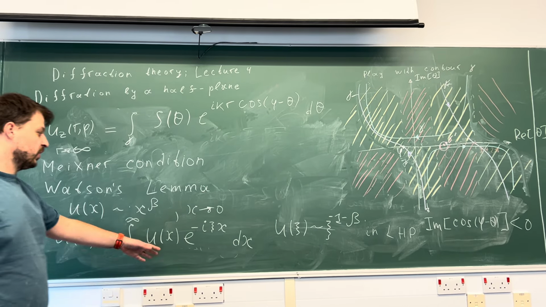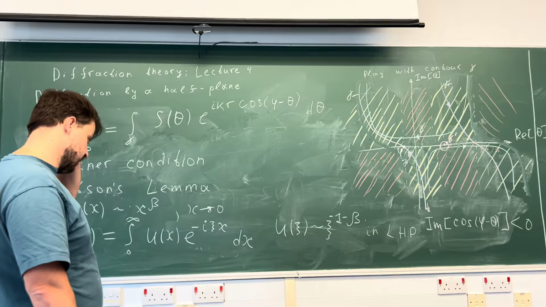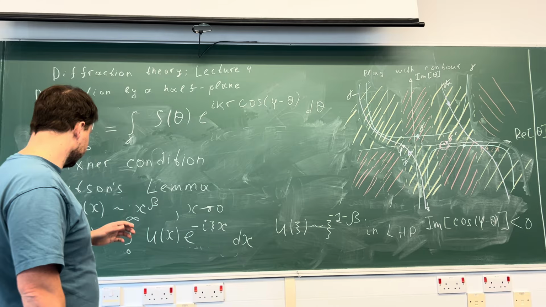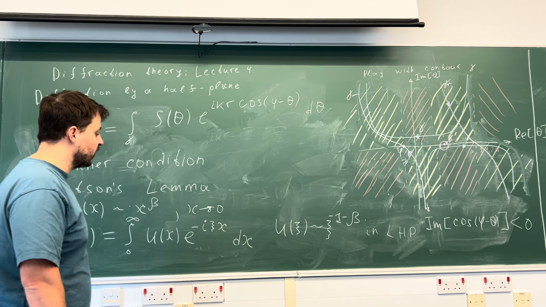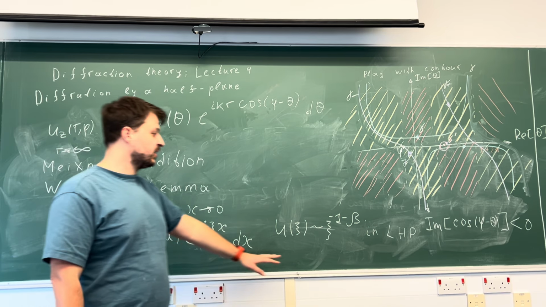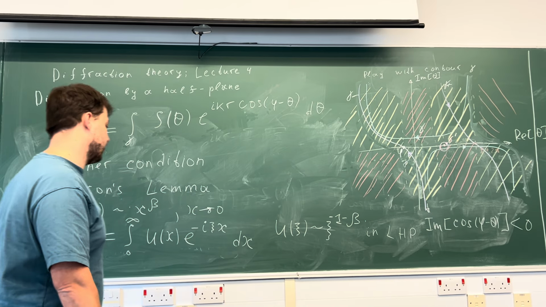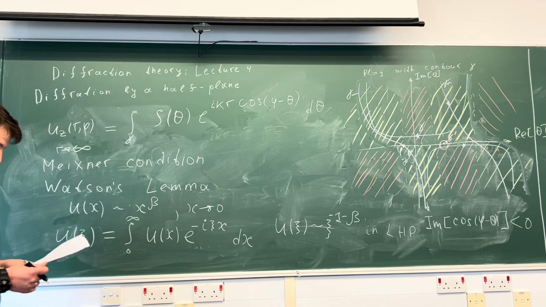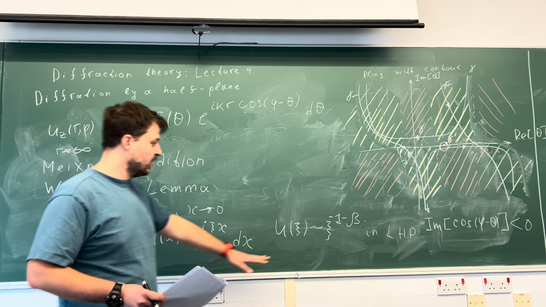And for more or less nice u, it will converge. But this integral will diverge in the upper half plane. So we only consider psi lying in the lower half plane. And it behaves like this.